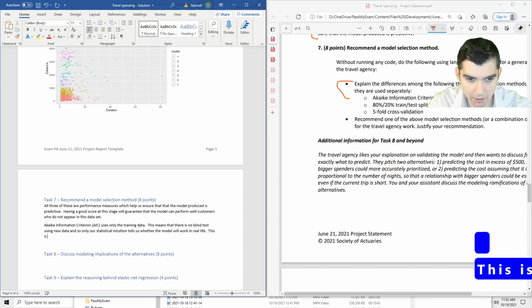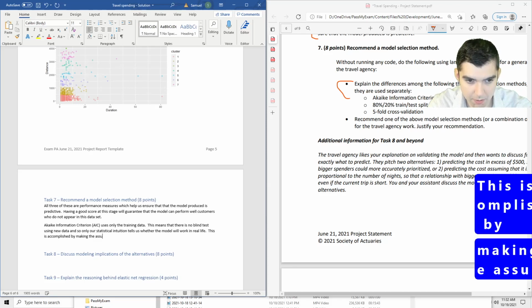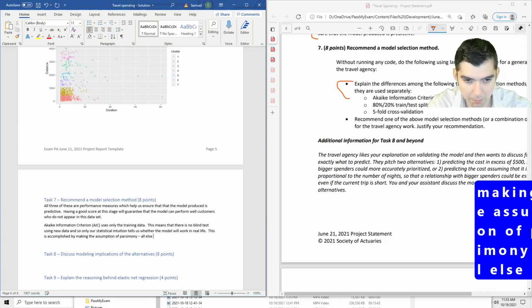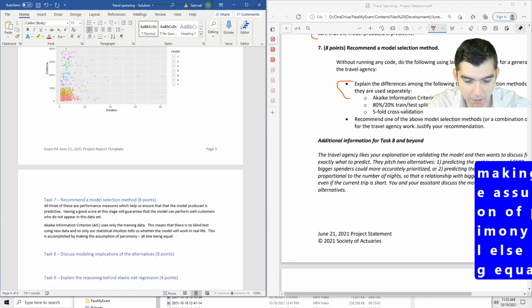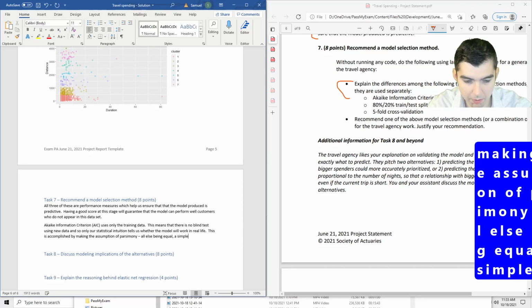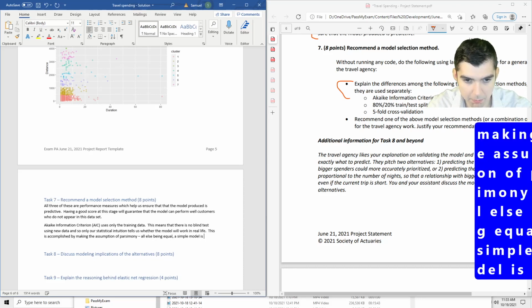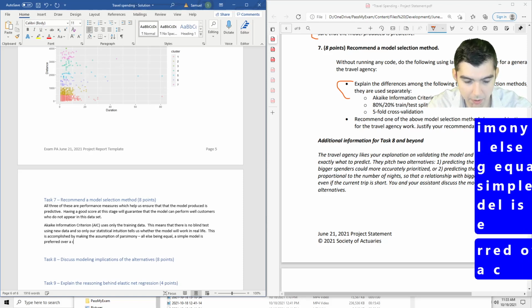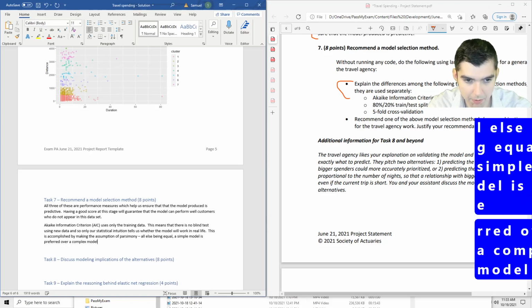This is accomplished by making the assumption of parsimony. All else being equal, a simple model is preferred over a complex model.